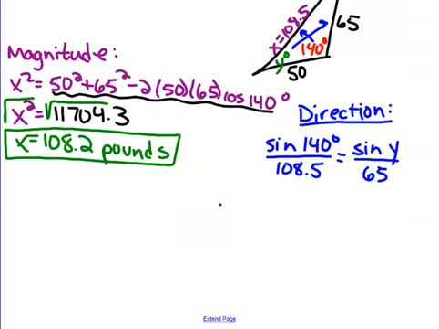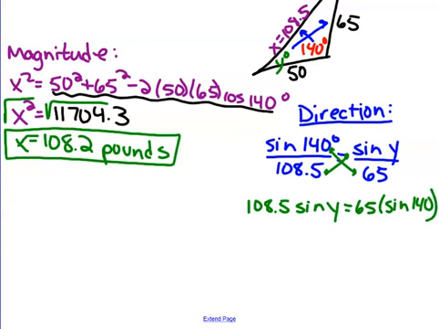We'll go ahead and cross multiply. So this times this times this. So 108.5 times sine of y equals 65 times the sine of 140. I'm going to divide both sides by 108.5.